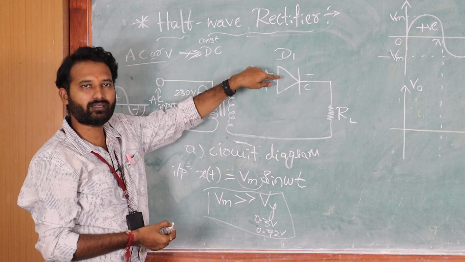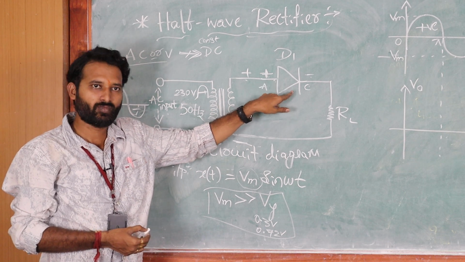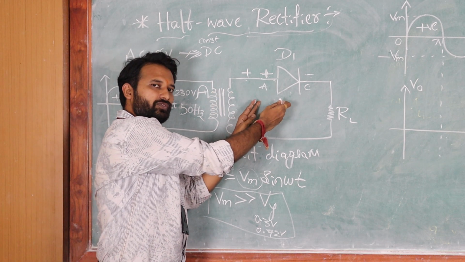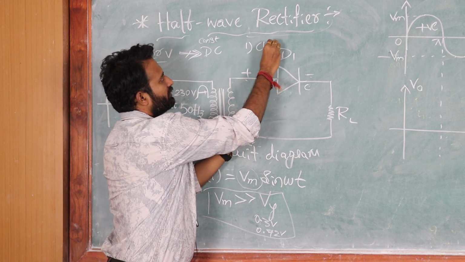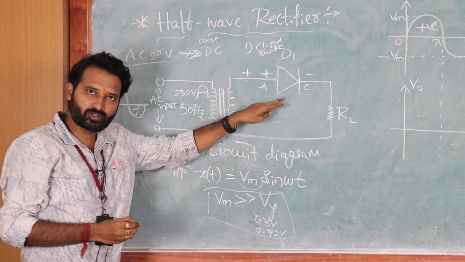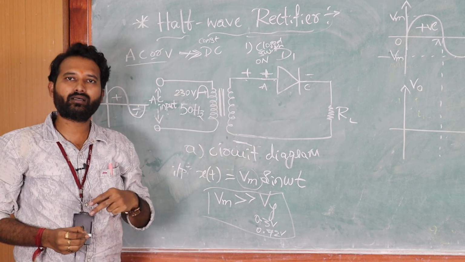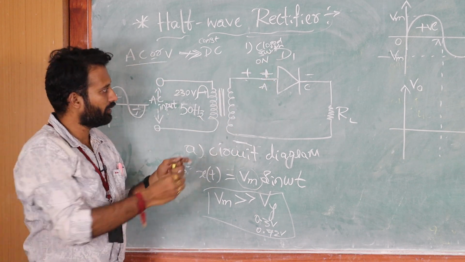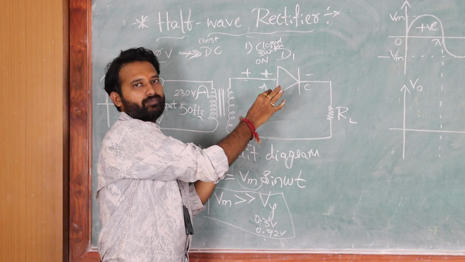If the diode is under forward bias condition, it acts as a closed switch. It will be in on condition, and it conducts. It means current will flow across the diode.